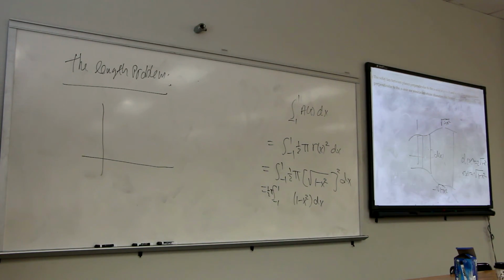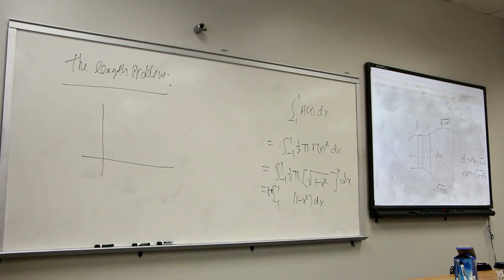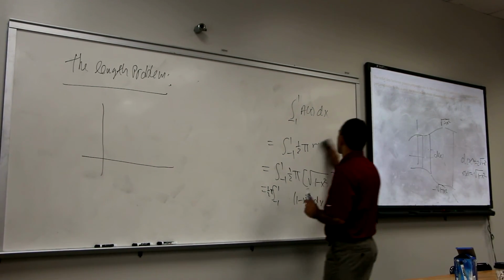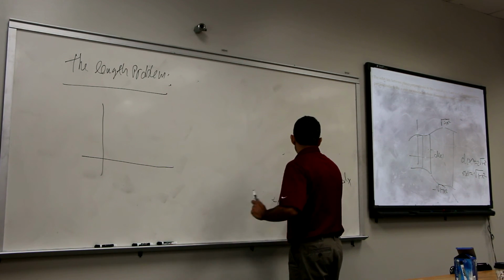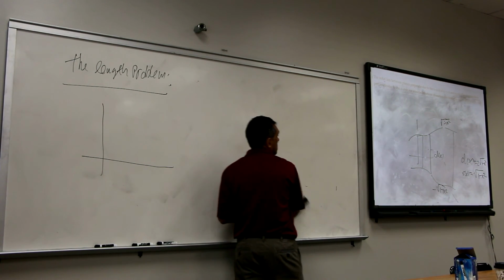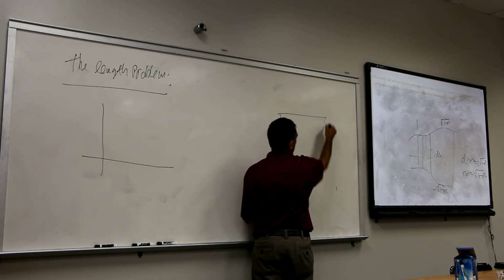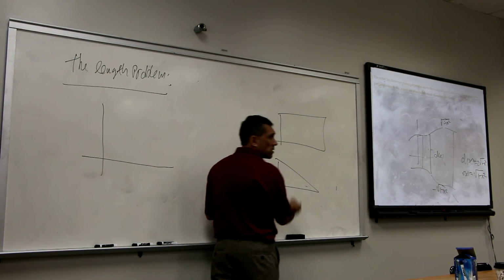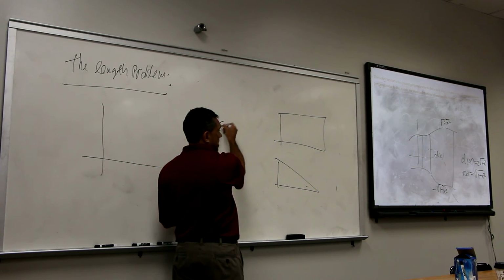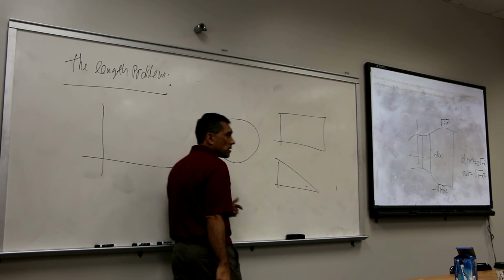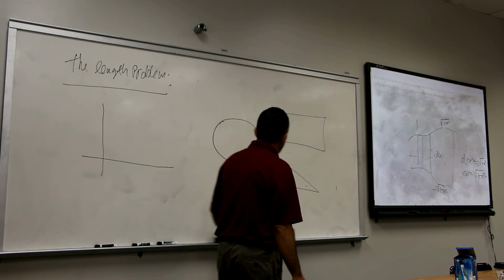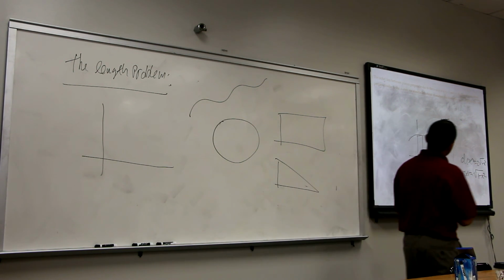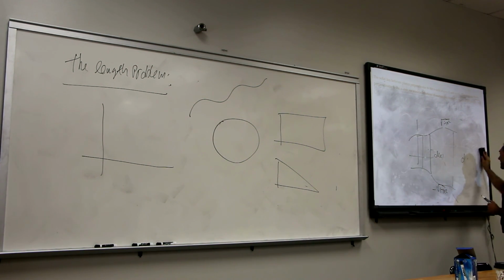Not an easy problem. This is an easy problem. Everyone knows how to find the length of that thing. And some people know how to find the length of that thing too. Other people know how to find the length of that. What's the length of that thing? It's a circle. Quite difficult.